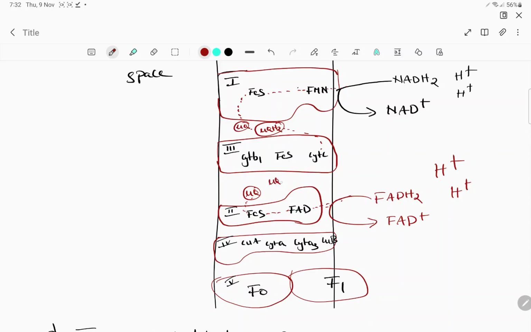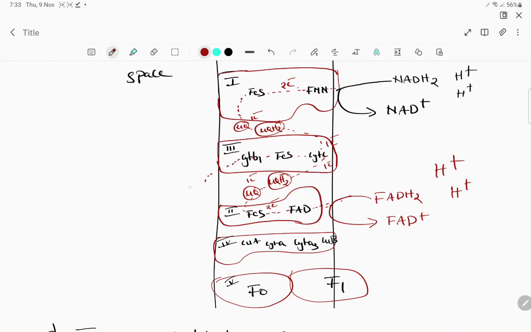Ubiquinone plus H2 will become ubiquinol, and this is site C. From here, actually 1 electron will stay here. We are giving 2 electrons, here also we are giving 2 electrons, but 1 electron will stay here itself. So the remaining 1 electron and remaining 1 electron will move through site C to iron sulfur, site B.